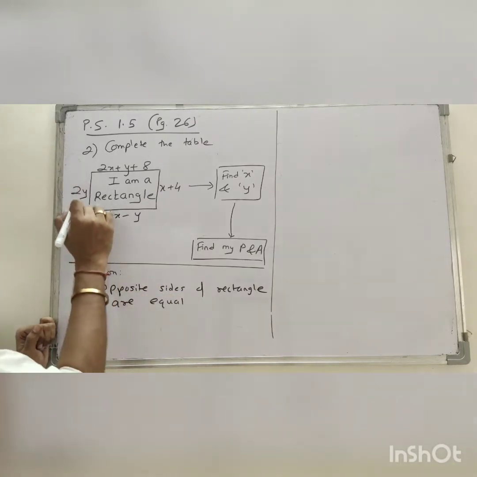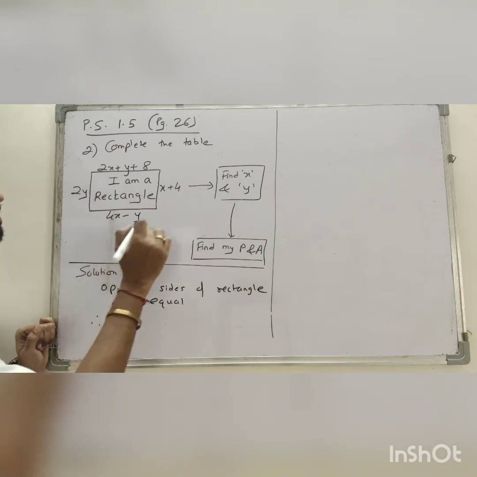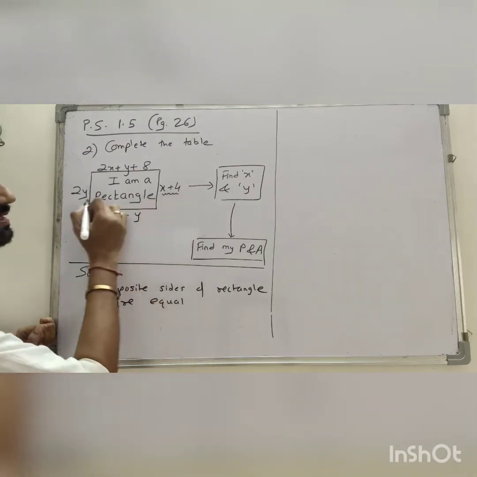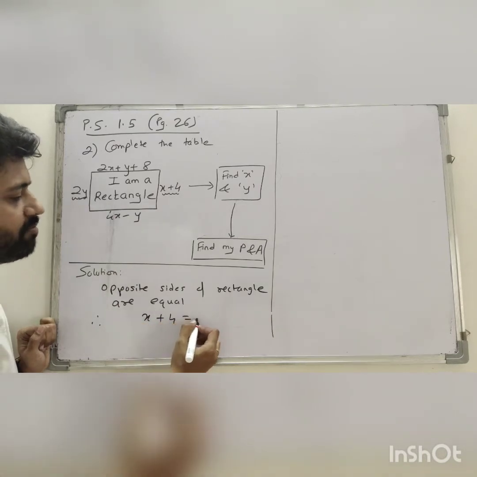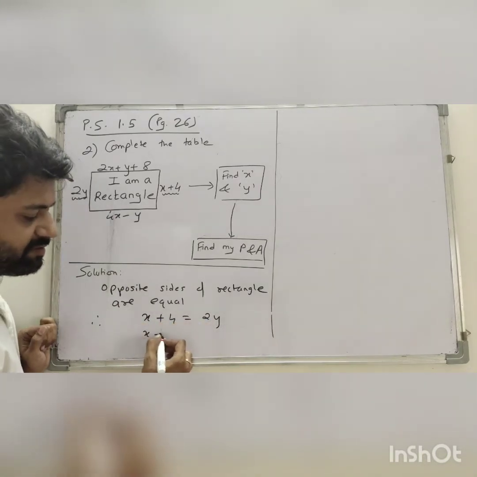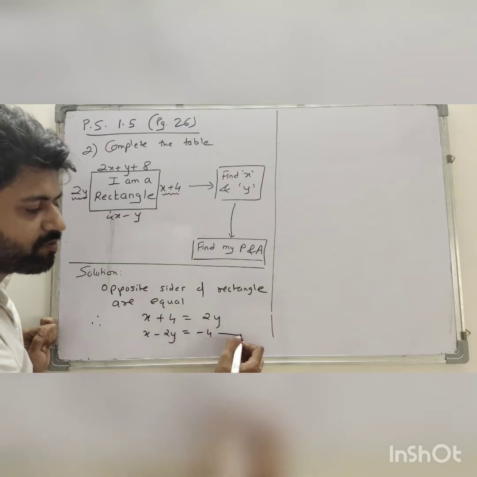Therefore, one can say that this is equal to this. X plus 4 is equal to 2y. X minus 2y is equal to minus 4.